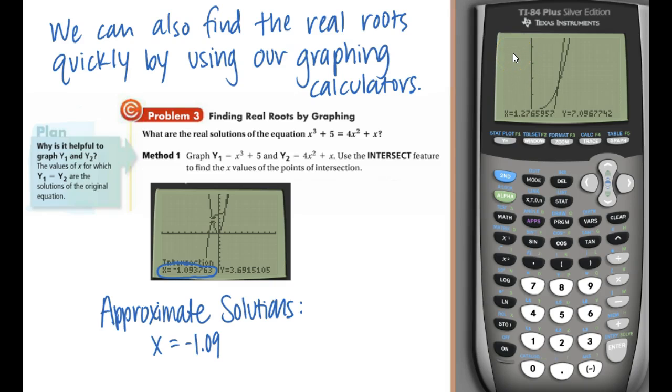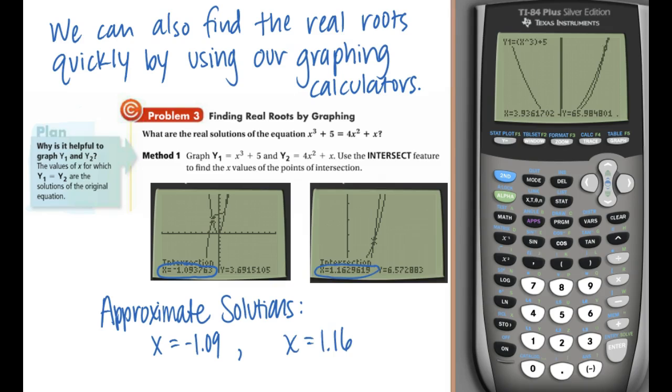So you can see one more intersection point there. So now let's use the intersect feature again. And we get our second intersection point of approximately 1.16.